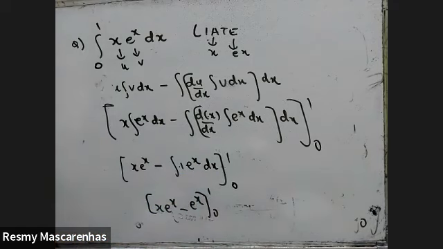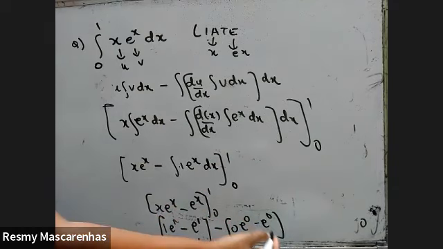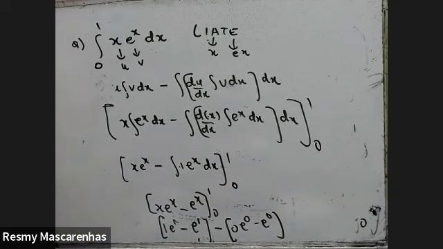And now wherever there is x, put 1. This is also there, no? This is with 1. And then minus wherever there is x, put 0. First time, substitute everywhere 1 in the entire problem. Then minus wherever there is x, put 0. And now calculate.